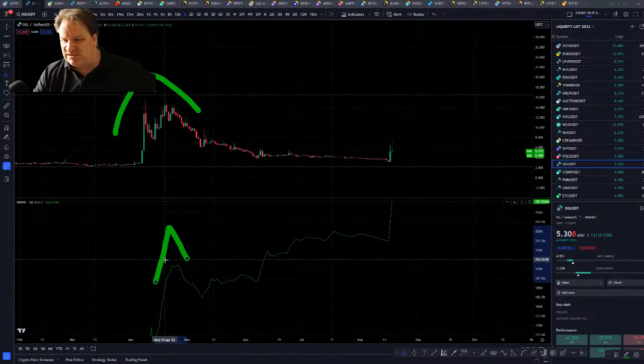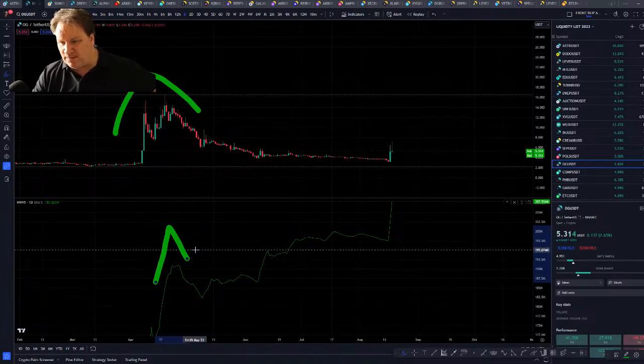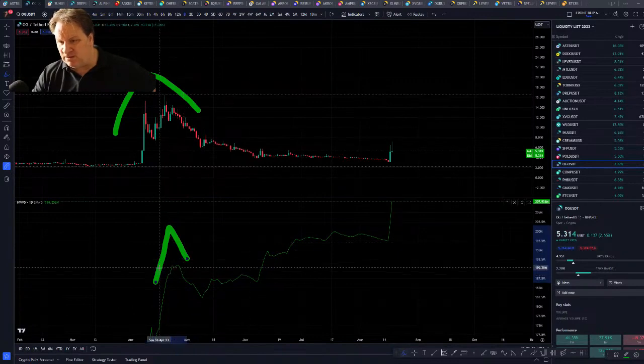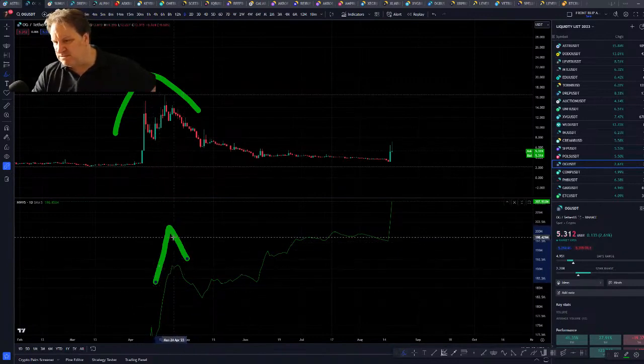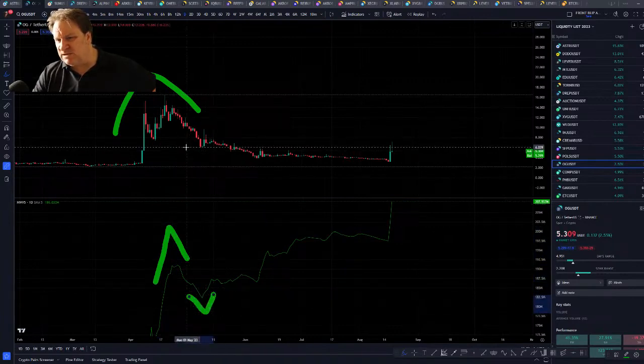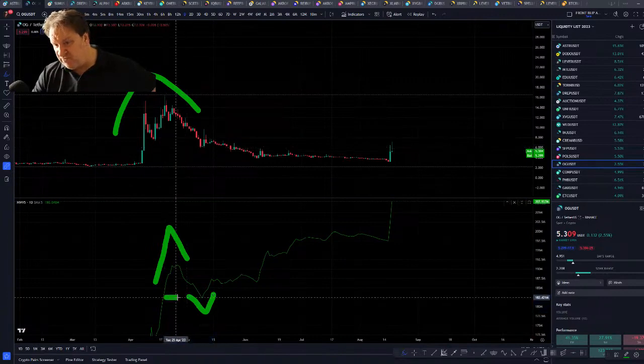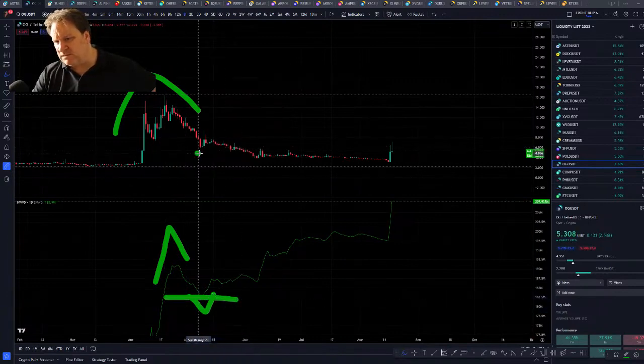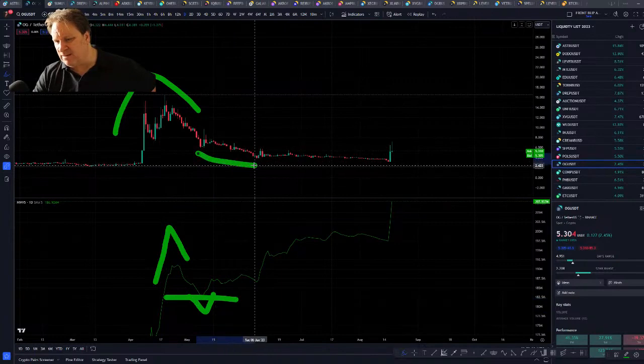Now, interestingly, you can see on the chart, those were deposits. Now, here were the withdrawals. Although the withdrawals stopped here, the price kept coming down to here.